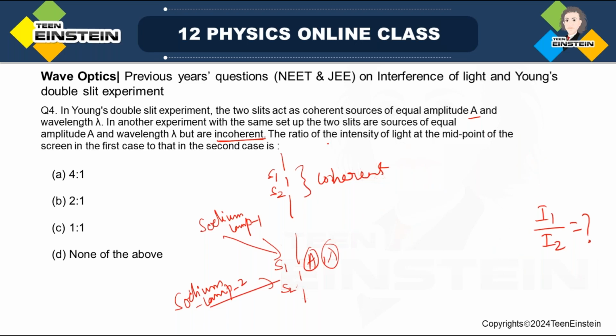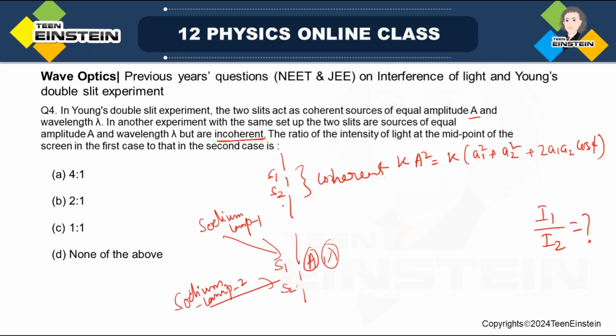See, when they are interfering with the same amplitude, we know the intensity I is equal to k times amplitude squared, which is k(a1 squared plus a2 squared plus 2 a1 a2 cos phi).